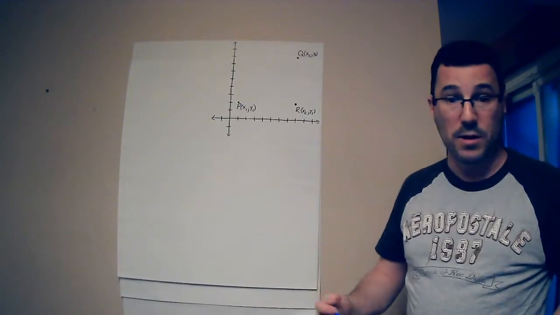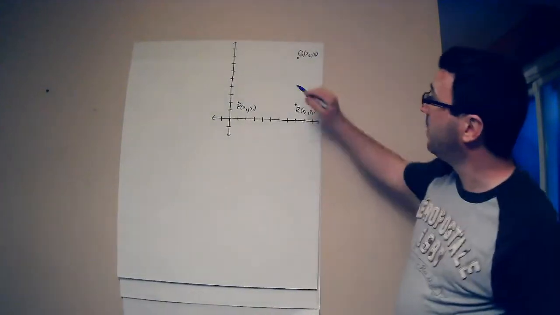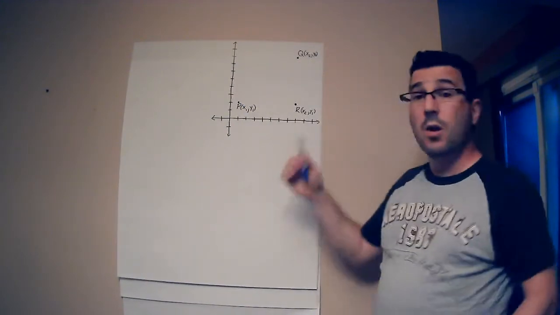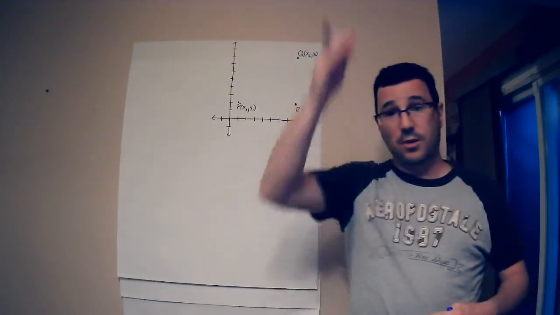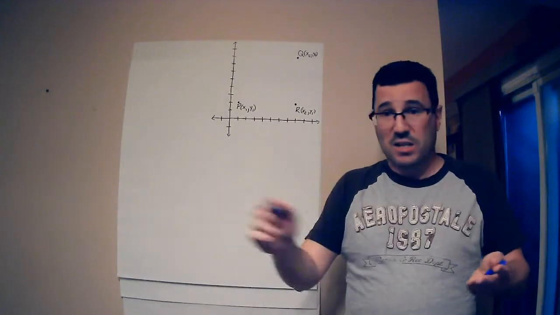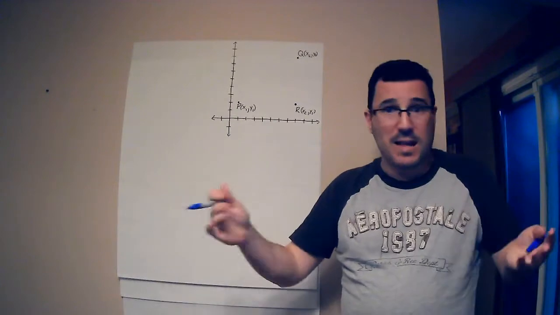I'm going to connect the points. So, first thing I'm going to do, I want to find this diagonal distance. Because honestly, when I'm doing horizontal and vertical distance, if I have a line that's just straight up and down or straight left to right, it's not hard. I just count how many spots it is. Okay? And that's how long it is.